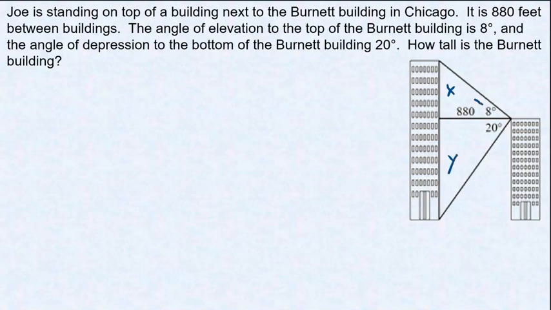I am going to draw an arrow straight out from my reference angle, and that's going to be my opposite legs of the triangle. The hypotenuse will be out here across from the right angle, and this will be the adjacent side.